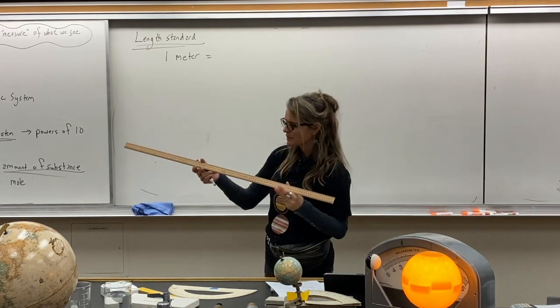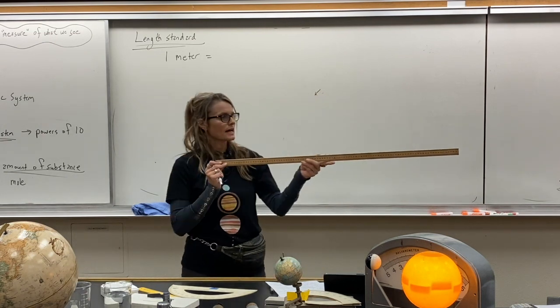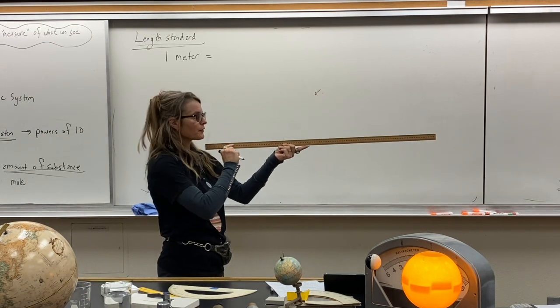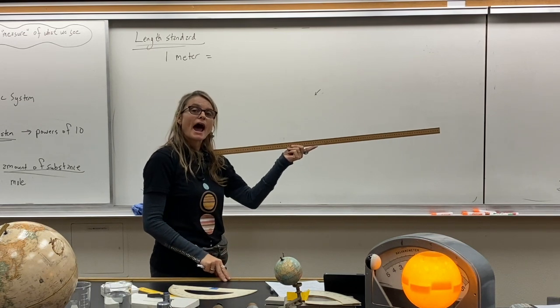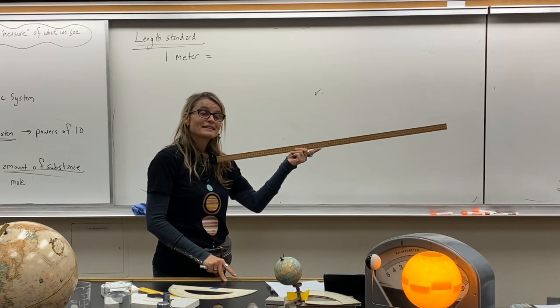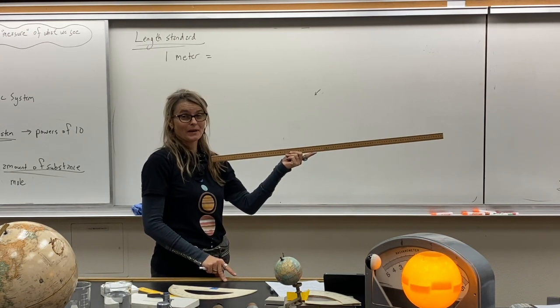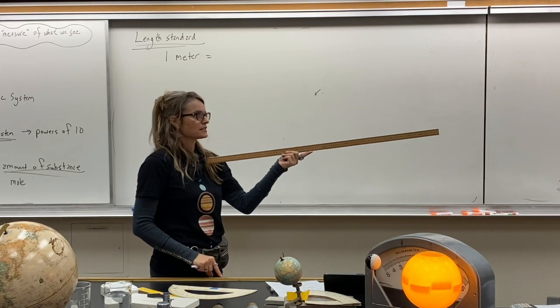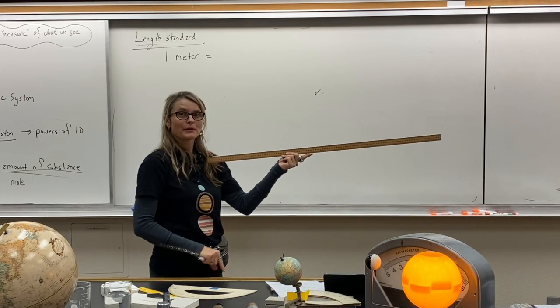Okay, so what is 1 meter? Well, this is defined as the length covered by light as it travels at the speed of light in a vacuum, in a fraction of a time period.